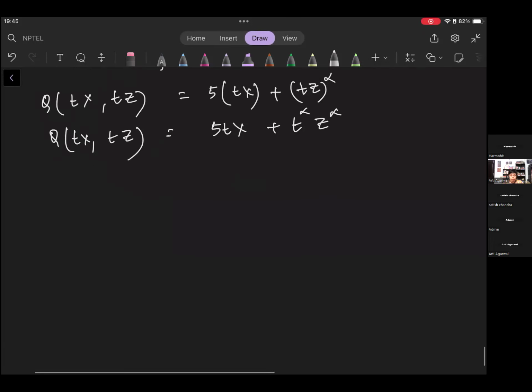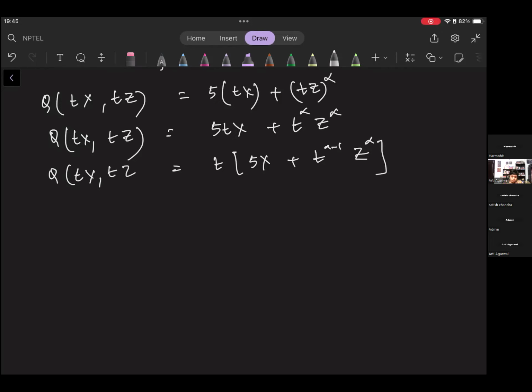Now we can see that if we take t common here, we have t times 5x plus t to the alpha minus 1 z to the power of alpha. Now we have taken t common. What we need is for this expression to become t times q of x.